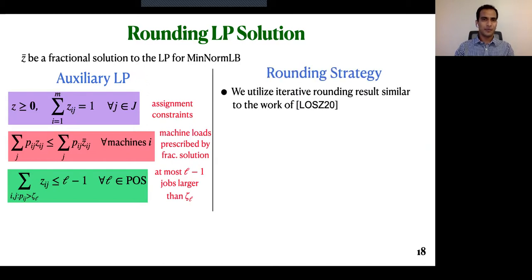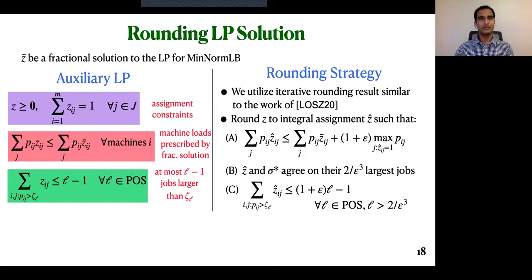As mentioned before, we use the iterative rounding framework. In particular, our rounding strategy is very similar to the recent work of Linhares et al., where they show how to round a fractional matroid basis solution subject to a few additional matroid independence and knapsack constraints. Without delving into the technicalities, our rounding strategy yields an integral solution Z hat with the following guarantees.